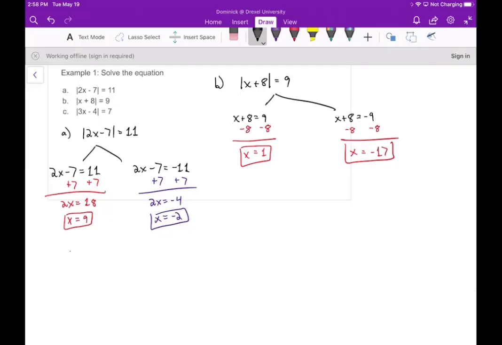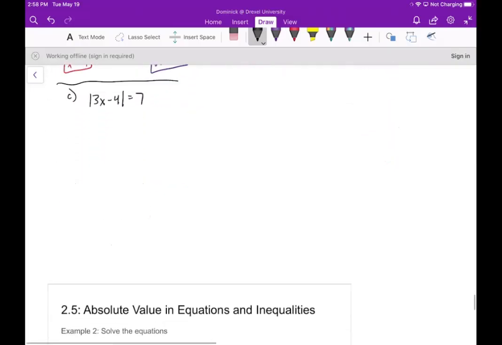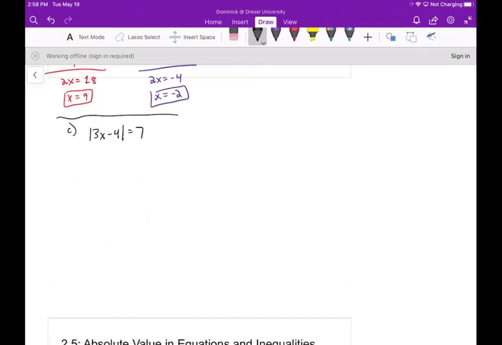Last but not least, part C, we have absolute value of 3x minus 4 is equal to 7. Okay, so again, we have our absolute value expression by itself, and it's equal to a positive number. So this means that either 3x minus 4 is equal to 7, or 3x minus 4 is equal to -7.